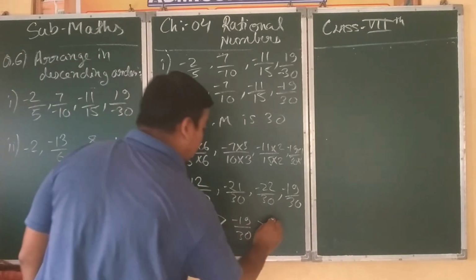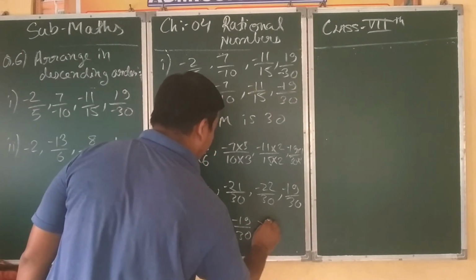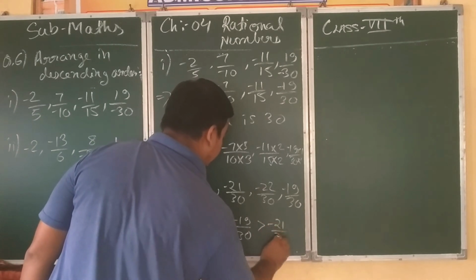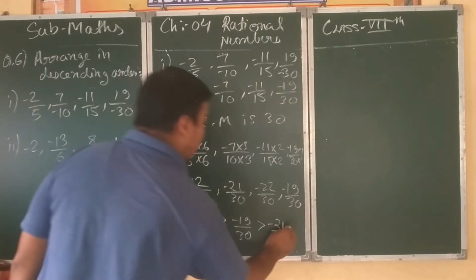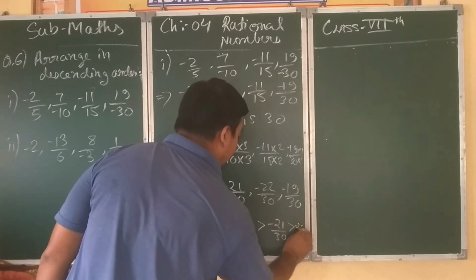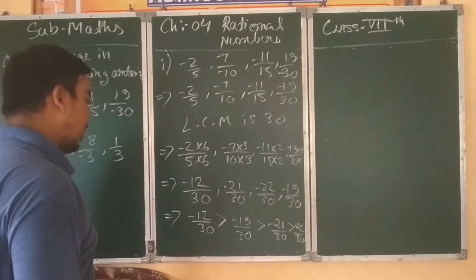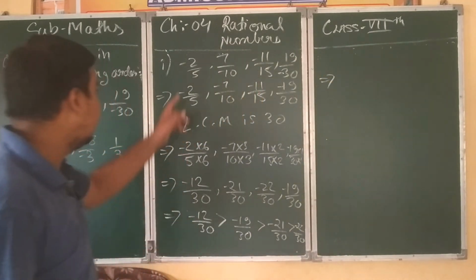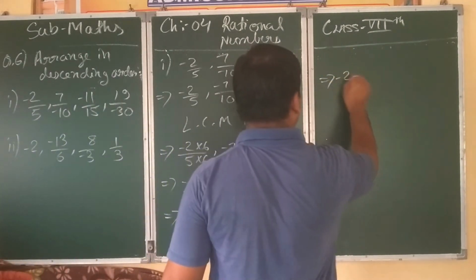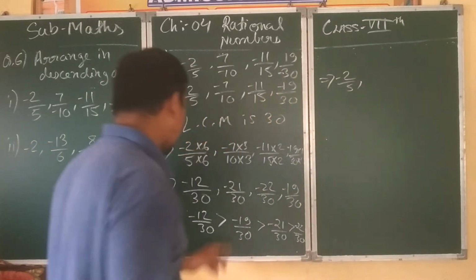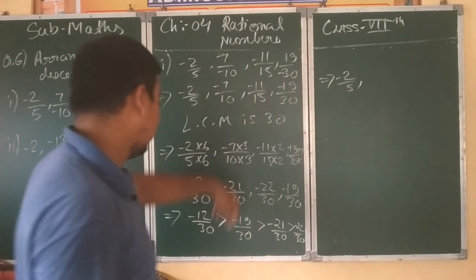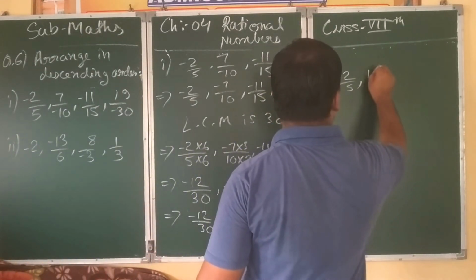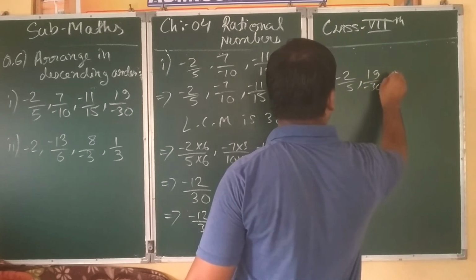Then minus 20, minus 21 by 30, and then minus 22 by 30. But according to the question, minus 12 by 30 means minus 2 by 5. Minus 19 by 30 means 19 by minus 30.